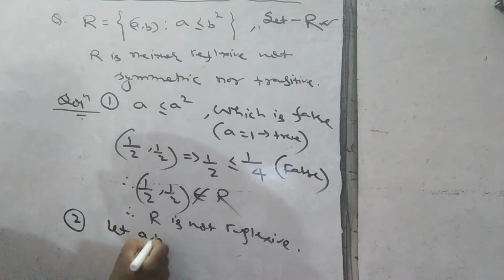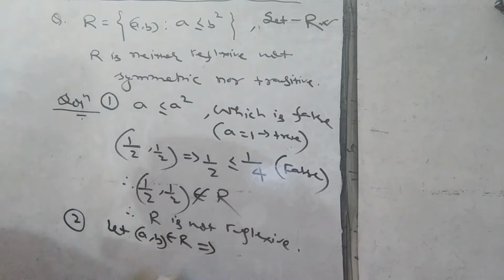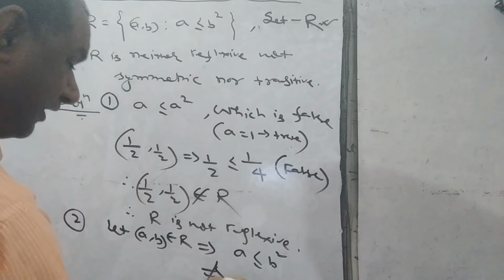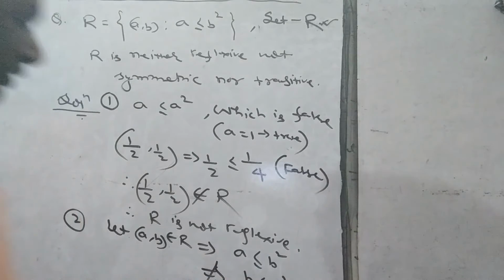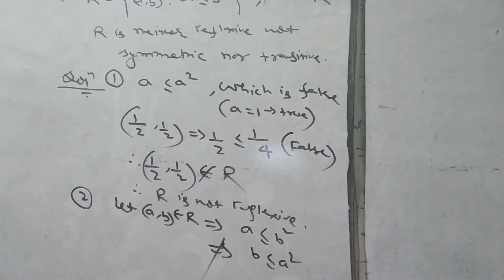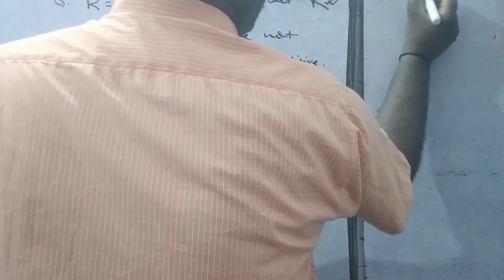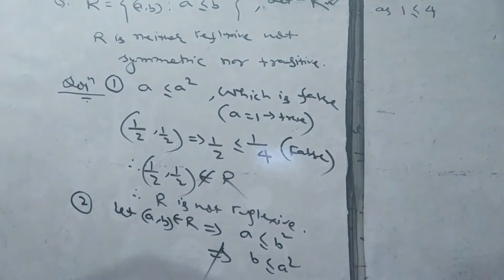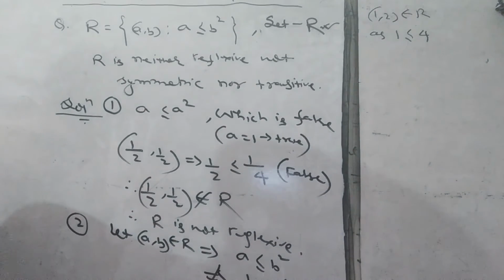Let (a, b) belong to R. So this implies a is less than or equal to b squared, but it never implies that b is less than or equal to a squared. For example, (1, 2) belongs to R as 1 is less than or equal to 4.